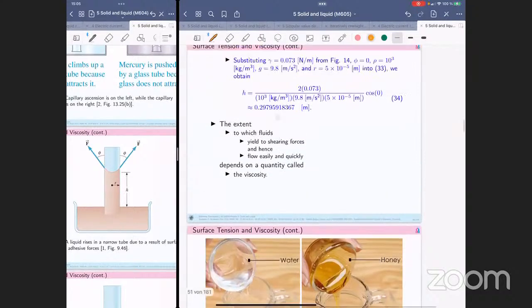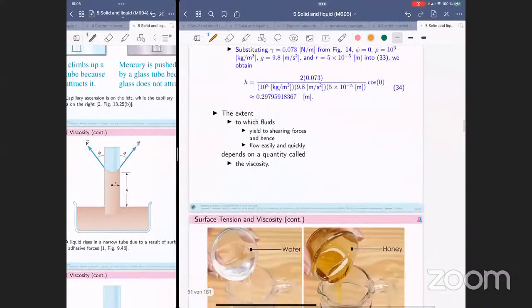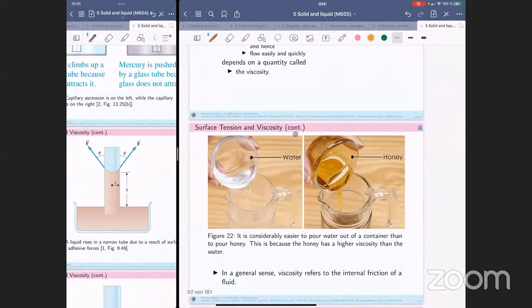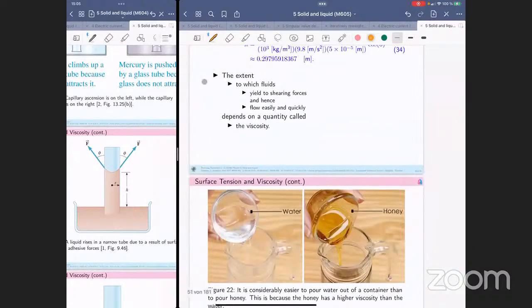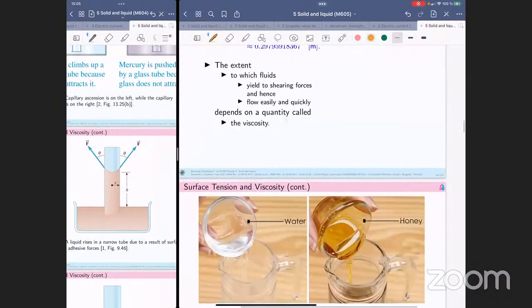Surface tension has been considered before, right? And now we arrive at the second term, which is viscosity. Viscosity is the following. Let's get into the meaning of viscosity. The extent, the amount or the quantity to which fluids yield to shearing forces, and hence flow easily and quickly, depends on a quantity called the viscosity.